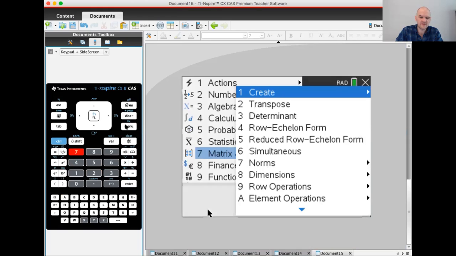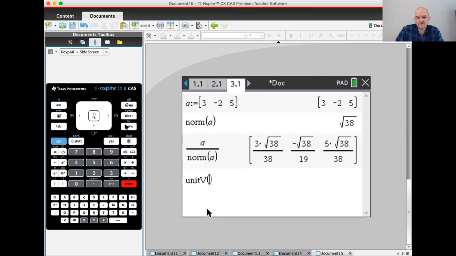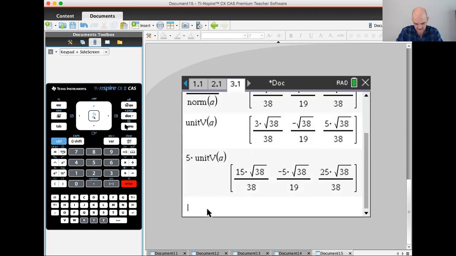Or I could do menu 7, option C is for vector, and then unit vector of A. You get the same answer, it doesn't matter. Then I can do 5 times the unit vector of A to get this.